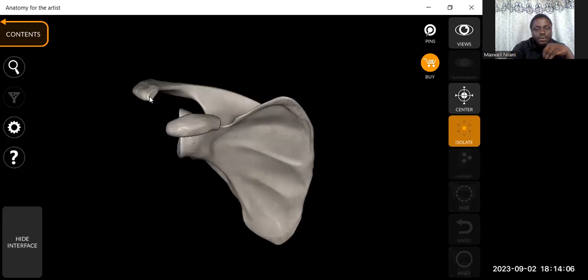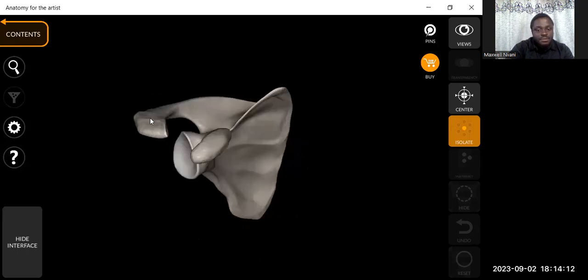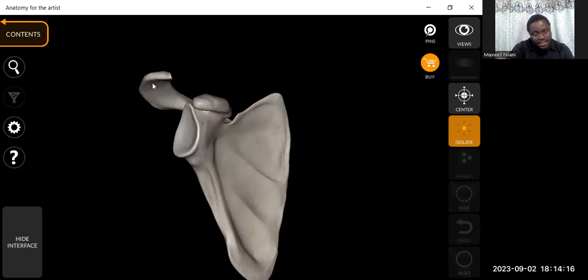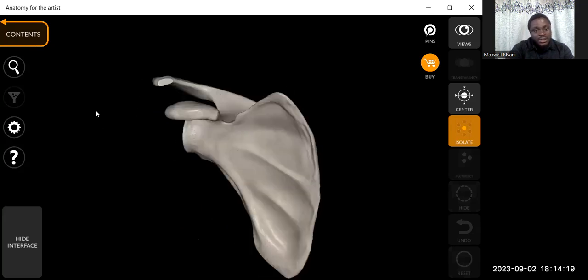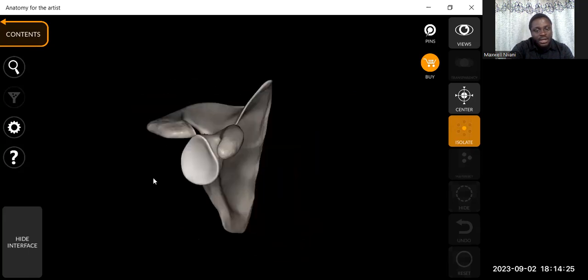It has a facet for the articulation of the clavicle to form the acromioclavicular joint. It has two surfaces, the superior and the inferior surface, and two borders, the medial border and the lateral border.